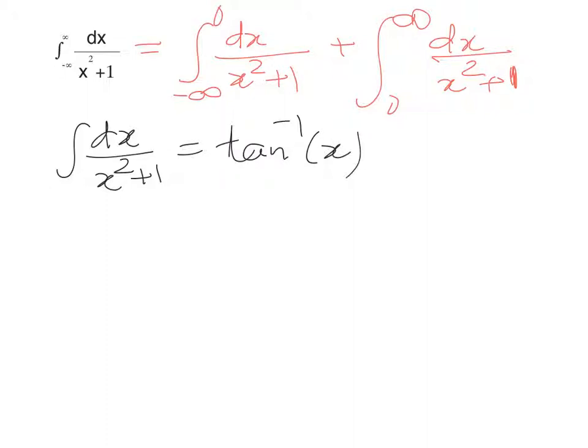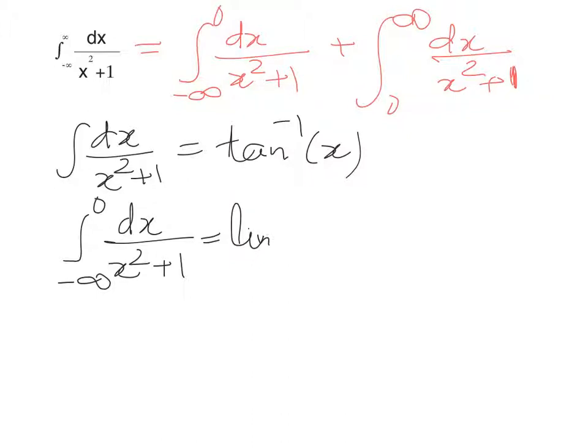So we find now that the integral from negative infinity to 0 of dx over x squared plus 1 is the limit of the integral from a to 0 of dx over x squared plus 1 as a approaches negative infinity.